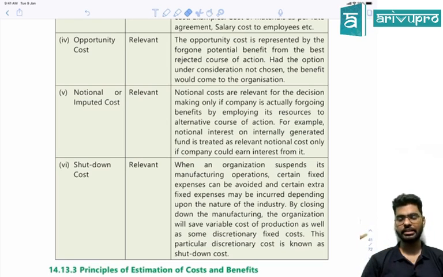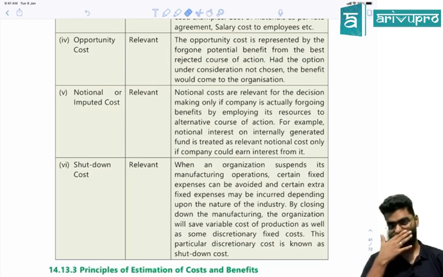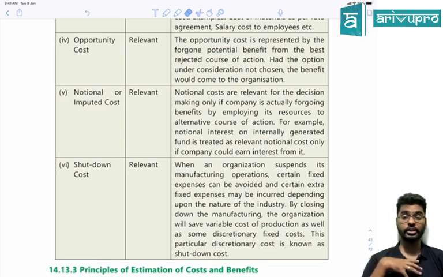Instead of keeping it in the bank or investing in something, you have kept it for yourself, for maybe employing something. You are working in your own company. You are using your house as a place of office, right? Notional costs are the costs where there is no cash flow, but it is relevant for the decision making.